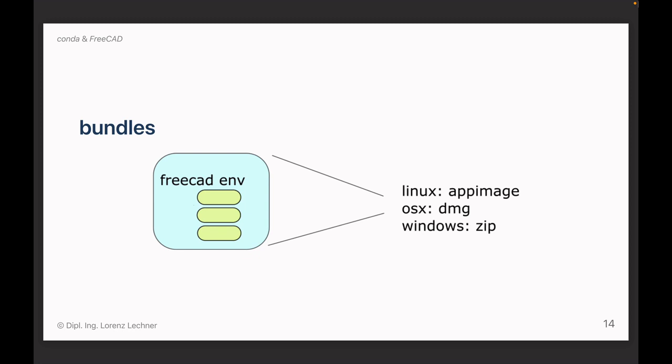So with bundles, it's possible to skip the whole procedure I explained before, installing conda and creating the environments, and it's possible to run FreeCAD directly. You just download the app image, DMG, or the zip file, and make it executable and run FreeCAD.